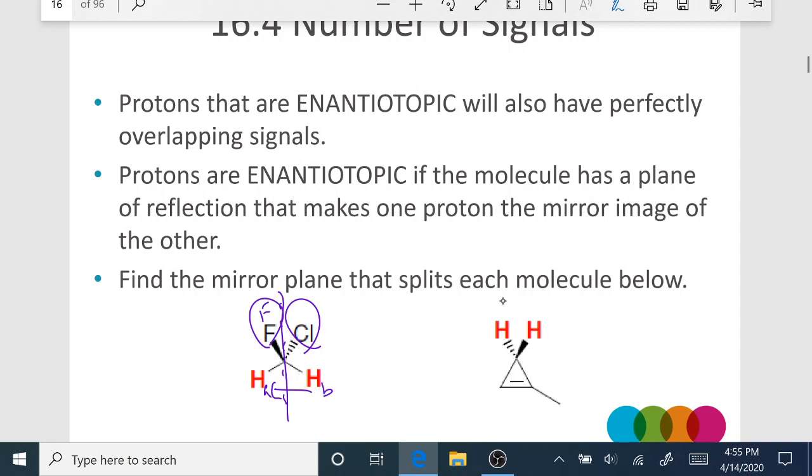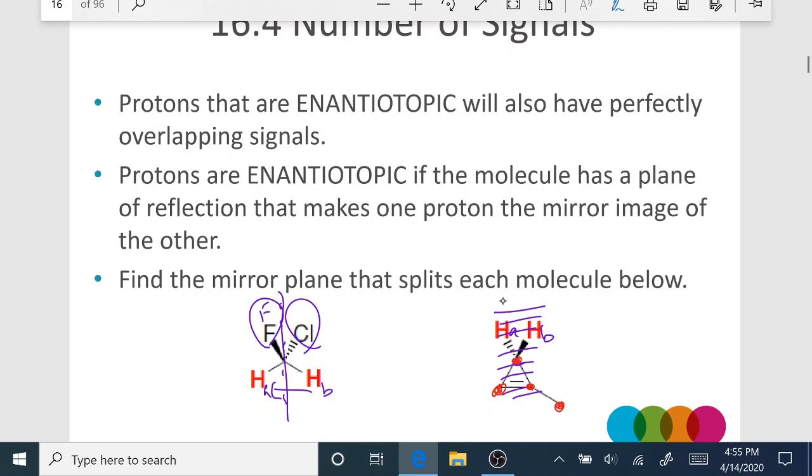The same is actually true with this molecule. It's a little harder to see. HA and HB are equivalent because there's a mirror plane that slices right down the center of this molecule. So I'm slicing, let me draw some different colors here, right down through the center of those atoms I've highlighted in red in order to have a mirror plane that slices that molecule in half.